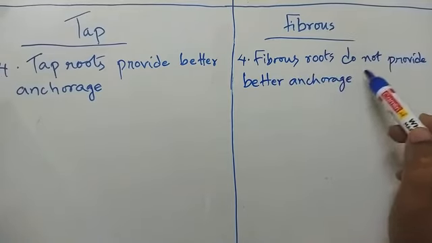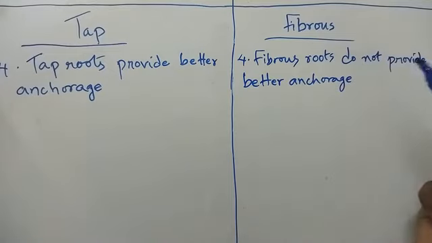Why do tap roots provide better anchorage, and why do fibrous roots not provide better anchorage? This is the point to be learned here.